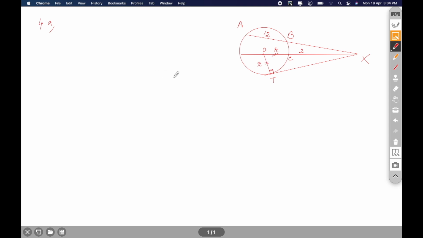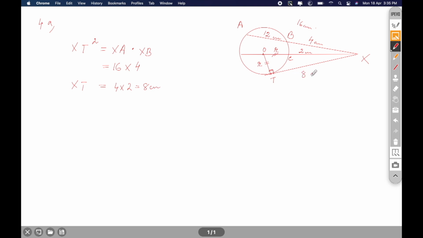So here, first of all, let us find XT using another theorem that says XT square equals XA into XB. Now XA is already given as 16 centimeters, right? So here I am writing 16 and XB is 4 centimeters then. So into 4. So XT gives us 4 into 2, that is 8 centimeters.